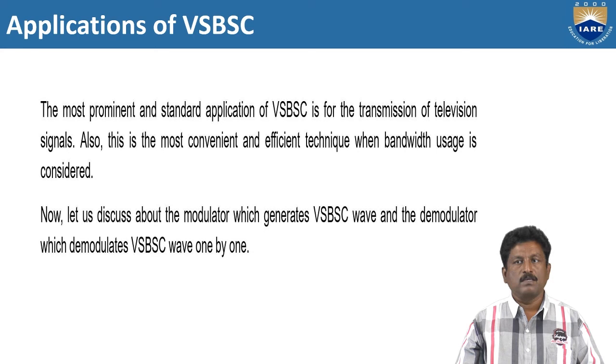With the help of VSBSC wave modulation, we can transmit the video signals, whereas the audio signal is transmitted by frequency modulated waves, FM. So these are the two modulations used for TV broadcasting, for the audio signal as well as the video signals. These are the main applications of the VSBSC wave.